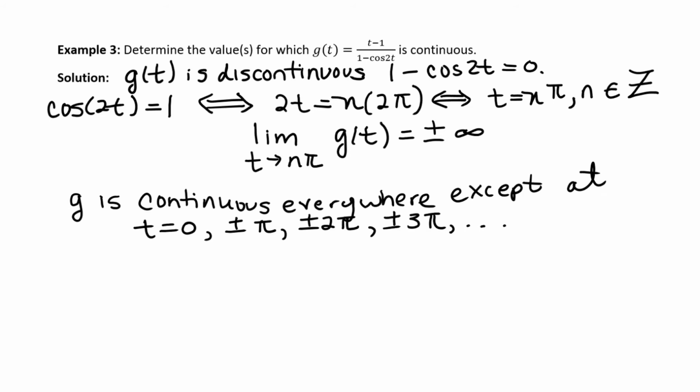You get the picture. We can write this in compressed form as t equals n times pi, where n is an element of the integers.